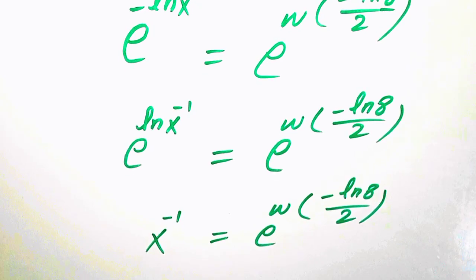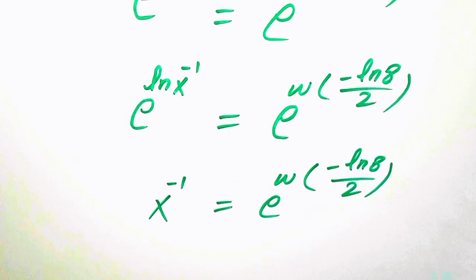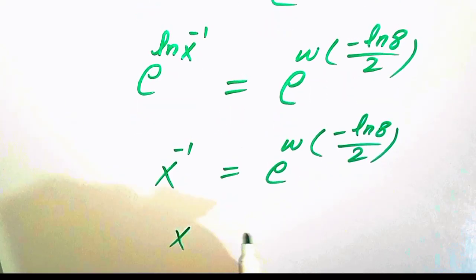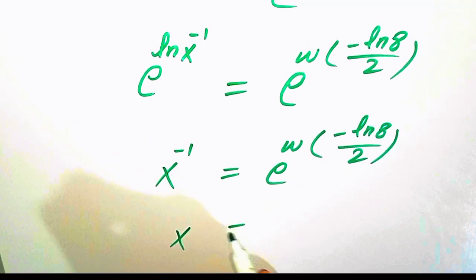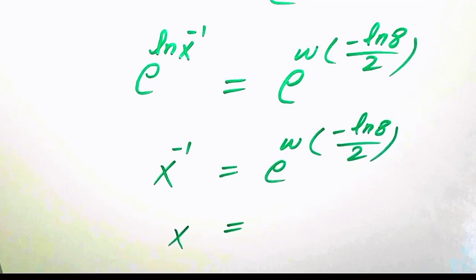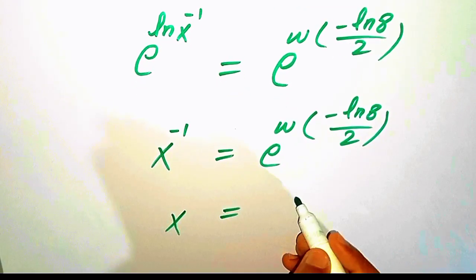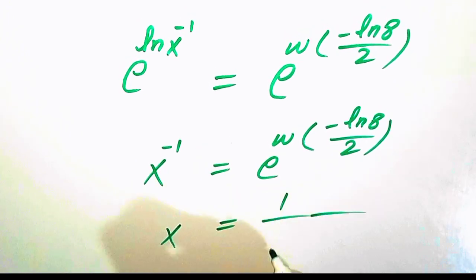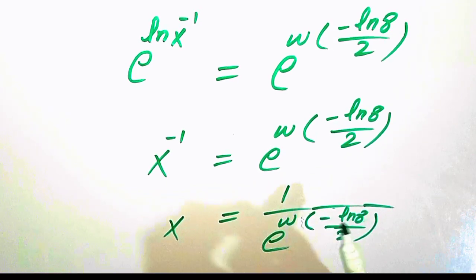Now we can write x^-1 as a reciprocal, so we change our right-hand side into 1 over: 1 by x is equal to 1 divided by e^W(-ln 8 / 2).